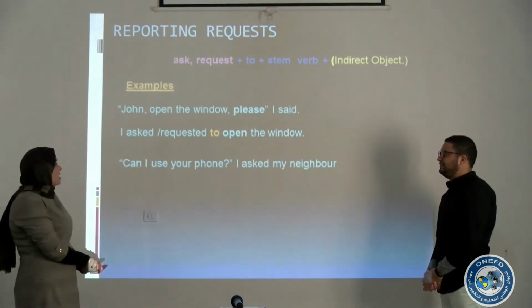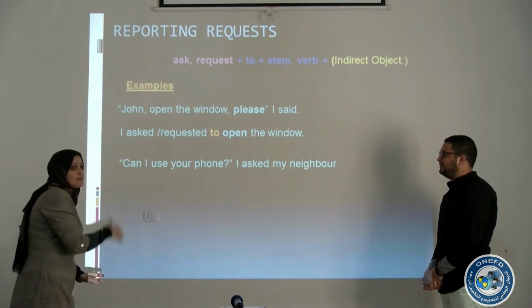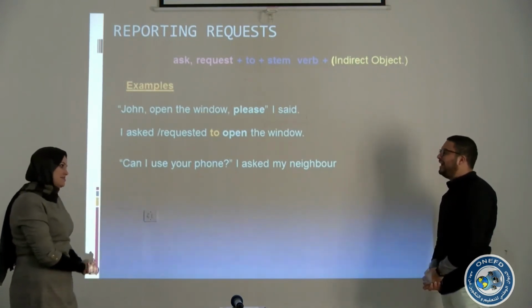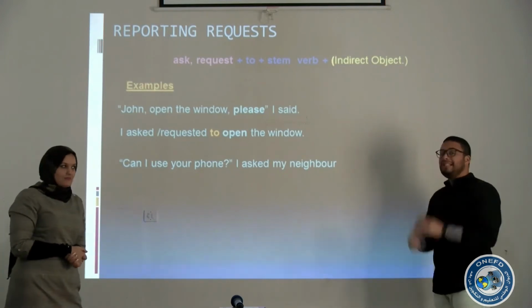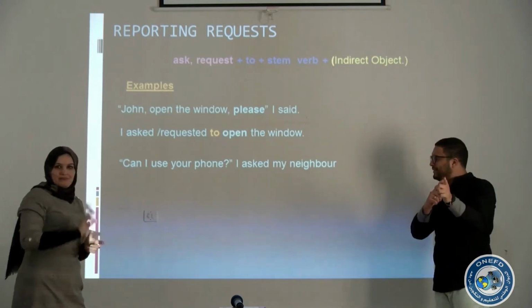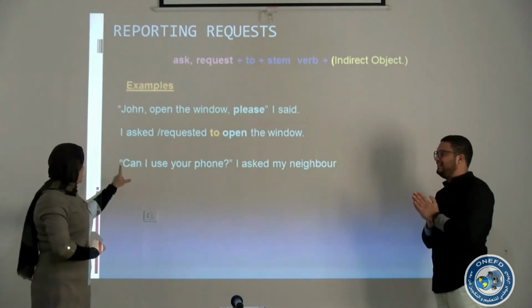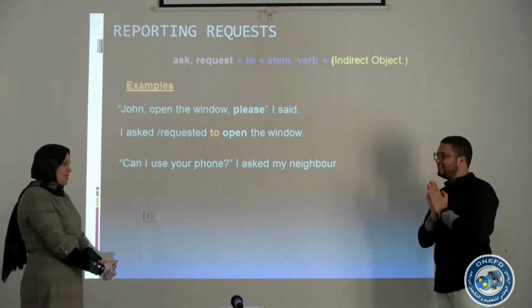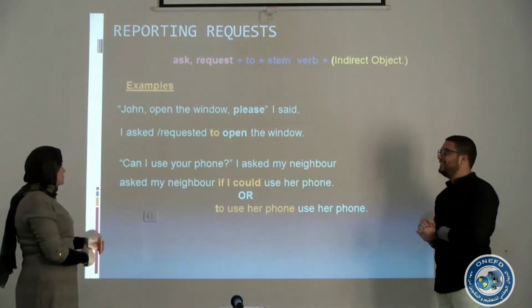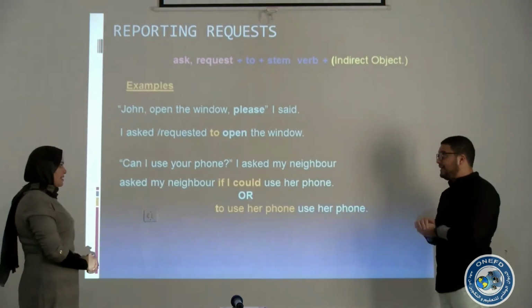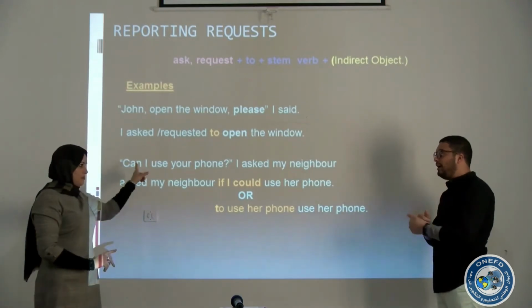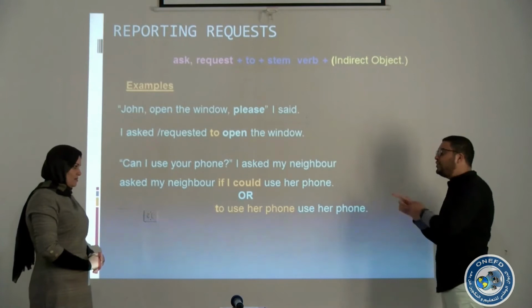Okay. Can I use your phone? I asked my colleague, or I asked my neighbor. Report it, please. Can I use your phone? Okay, it's a request. So the answer is I asked my neighbor if I could use her phone, or I asked my neighbor to use her phone.